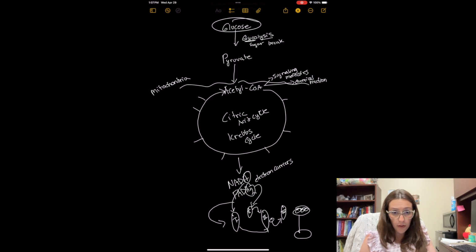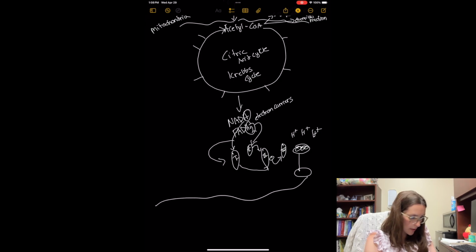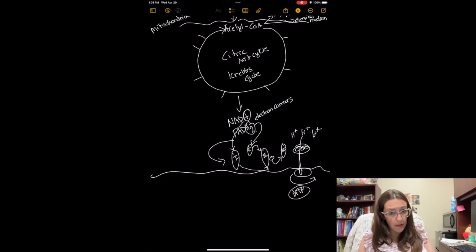And then we're going to have this chemical gradient on one side of my mitochondrial membrane. We want that gradient to be more in equilibrium, so those hydrogens can move down. And when they move down, it spins my ATP synthase, and I create ATP. This is not the only place where we make ATP, but it's the main place where we make ATP.